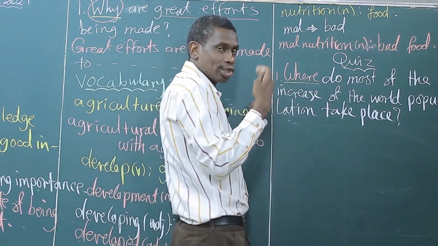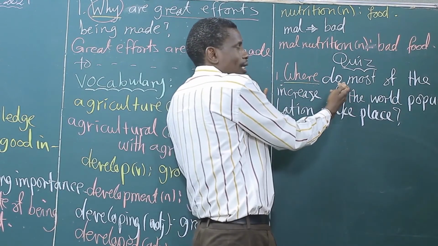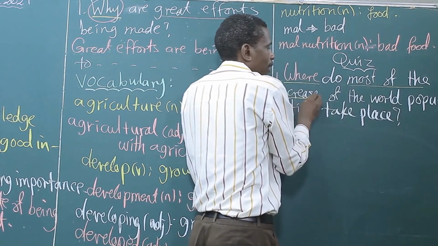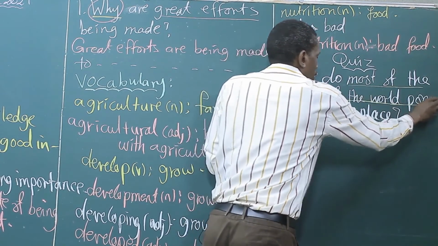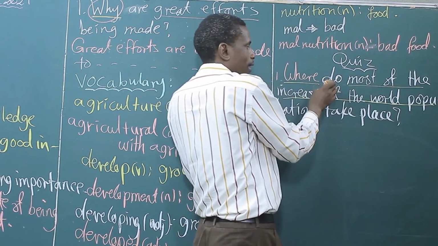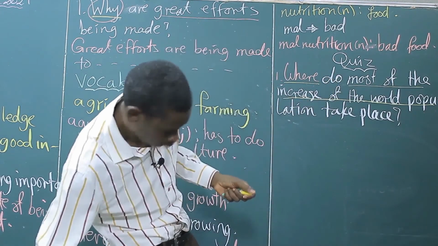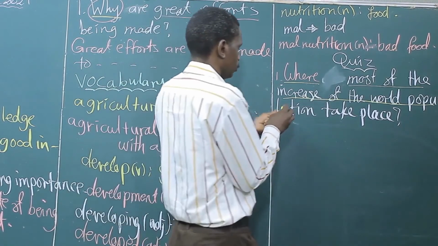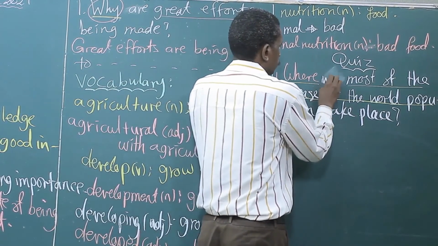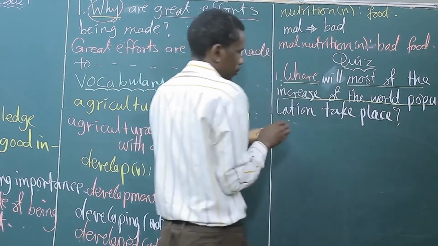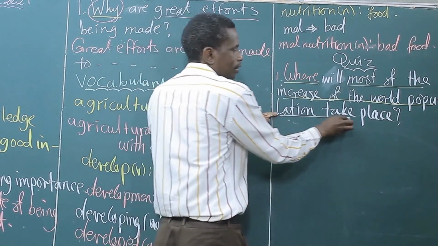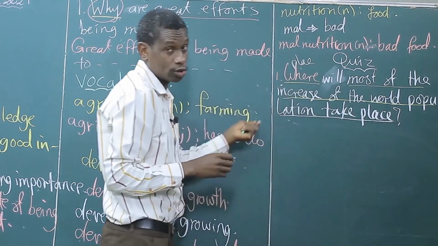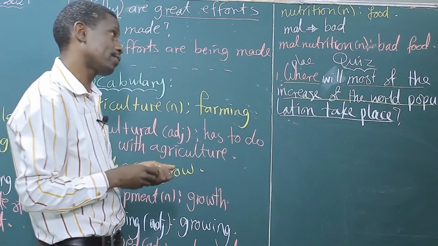So, the next step is to take out the key sentence. The key sentence is most of the increase of the world population will take place, and then you got to provide the place that this incident or this fact happened. Okay.